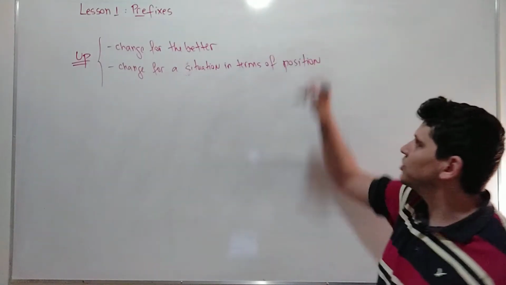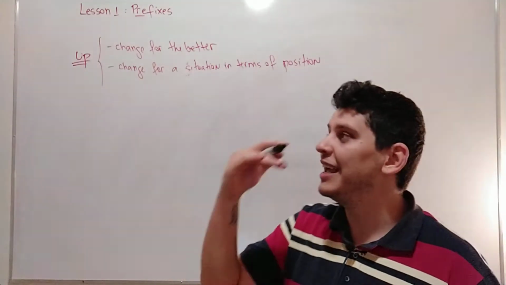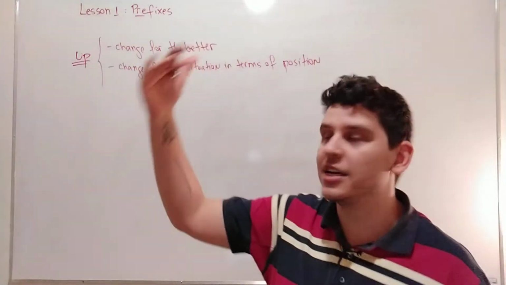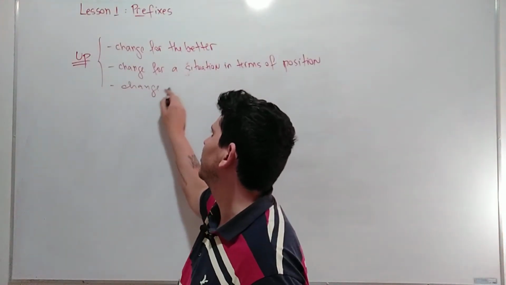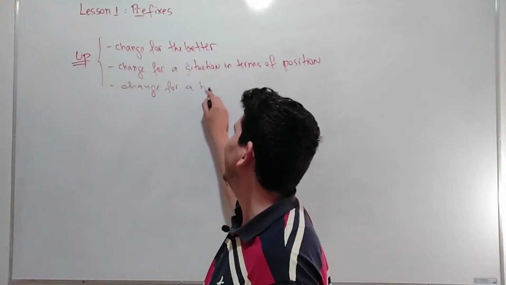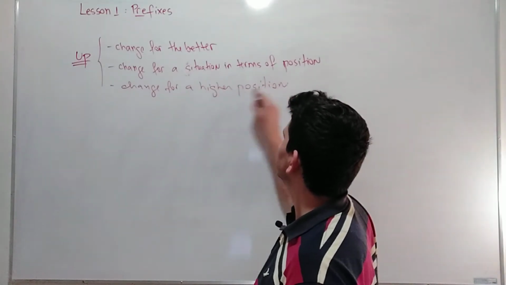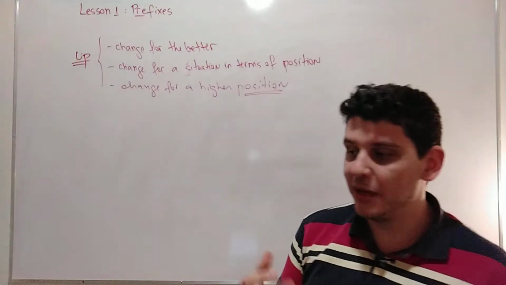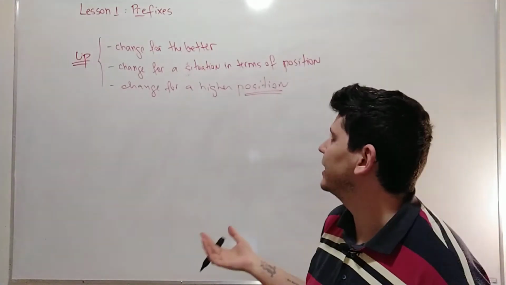So we are describing something that is happening and it's changing its position. It's getting into a higher position. So we could even say that it's a change for a higher position. This position that I'm writing here can be approached literally or it can be approached metaphorically, okay?